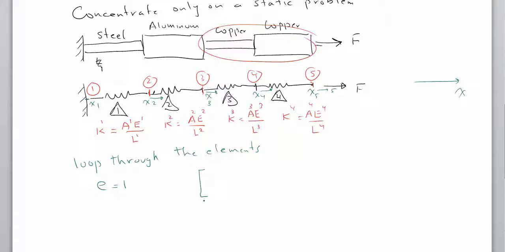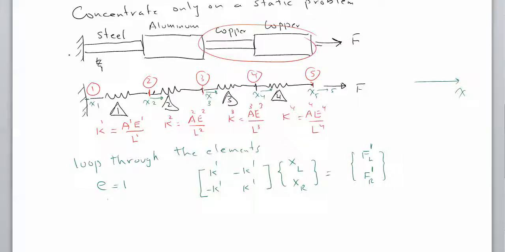I don't call it equation of motion here because we are assuming it's a static problem, and therefore there is no motion involved. There is no inertial force involved. So we're going to have K1, minus K1, minus K1, K1, times x left, x right, equal to F left, F right. And remember, these are for element number 1. That's why I put the superscript 1 here. And you do this for every element and then assemble it.